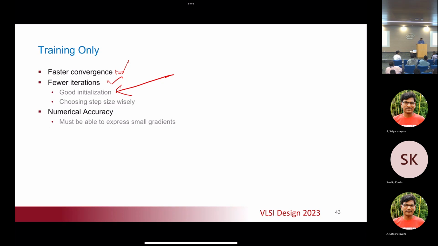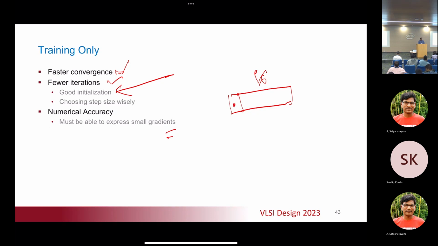And in training, we have different requirements than in classification. In training, we must be able to express small gradients, which is why the 16-bit IEEE floating point number was not sufficient. And the way the brain float works is it has a 16-bit representation of the floating point number.